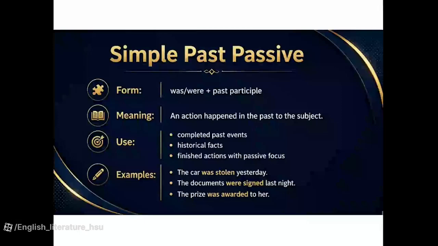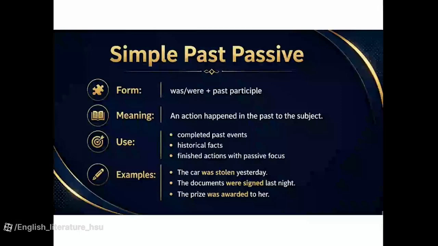Now, simple past passive. The structure is was or were. Again, we have be verbs as auxiliary plus past participle. So, was, were plus past participle. It means that an action happened in the past to the subject.